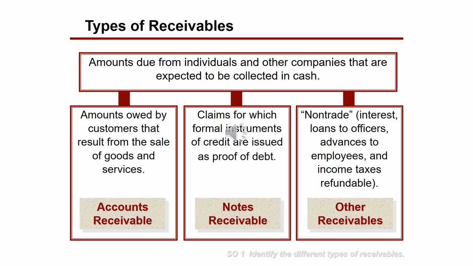And we said that typically this is a short-term debt for small amounts normally. And the third one is other receivables. This includes multiple other accounts such as non-trade or interest loans to officers, advances to employees, and income taxes refundable or rebates and other accounts of such a type.